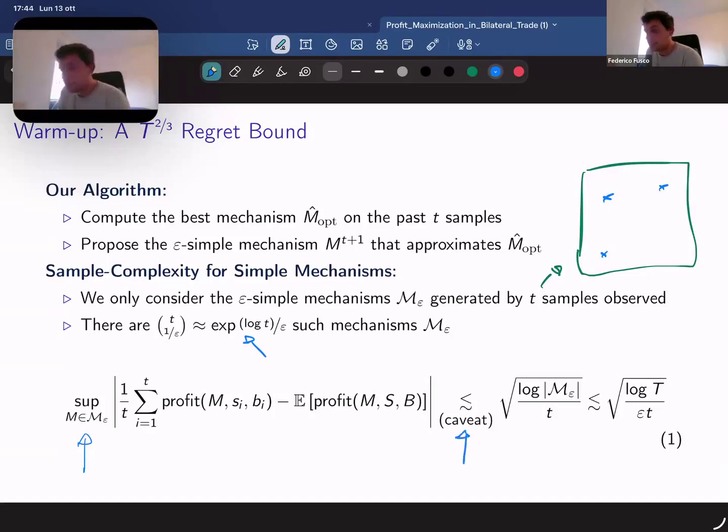This is kind of technical, but I think it's cute. Now we are using the points we have seen so far both to do learning and also to decide what is the family of mechanisms I'm union bounding over. In the sketch that I was drawing earlier, this is the first point that arrives, the second point, the third point.